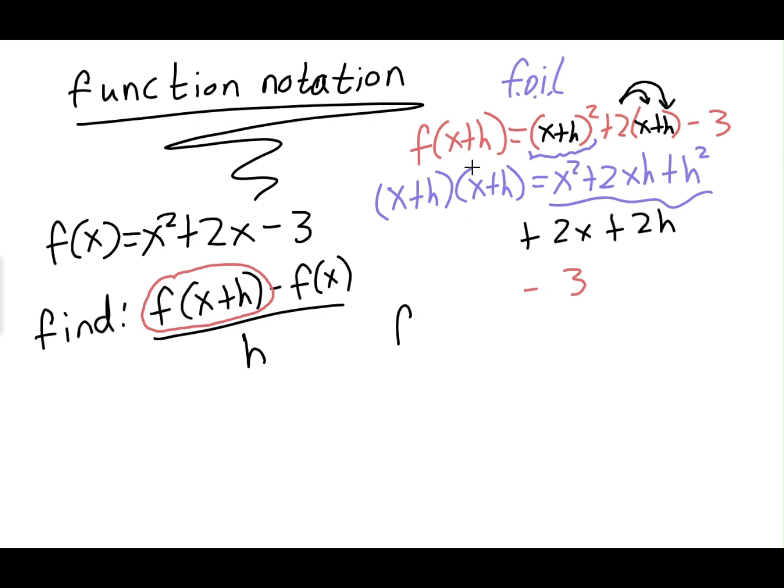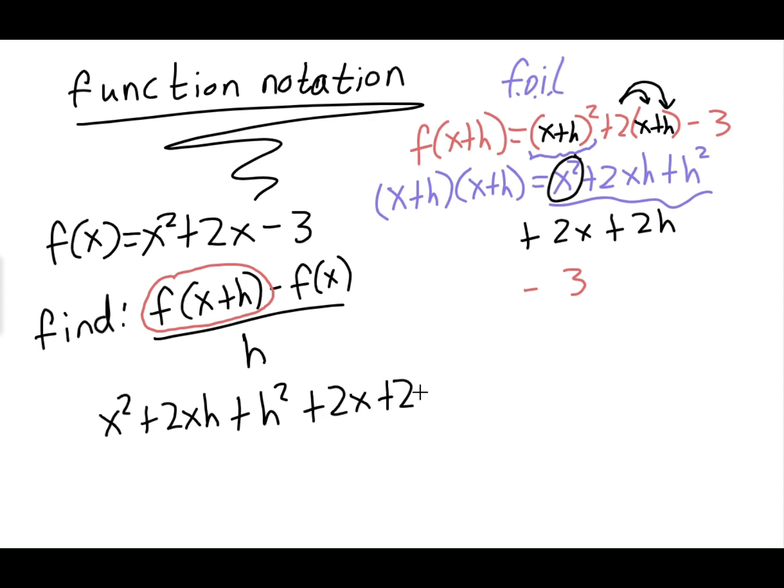So f of x plus h is going to be, if we combine like terms, an x squared, and then a 2xh, and an h squared, and a 2x, and a 2h, and a minus 3. I guess we didn't combine any like terms because there weren't any, but that's okay.